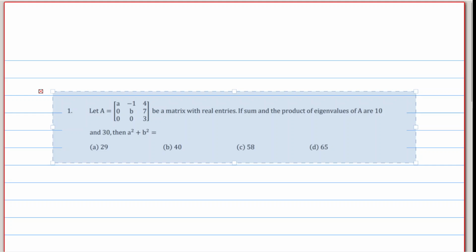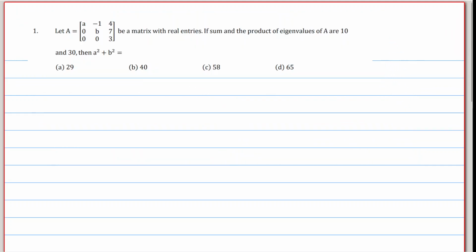First question, any doubts, anything? Guys? See, they are saying that the sum and the product are 10 and 30. So what does that mean?